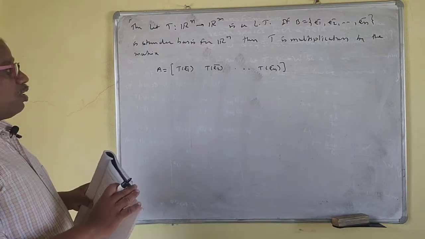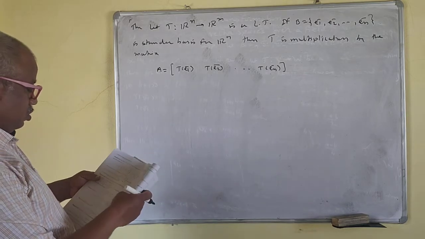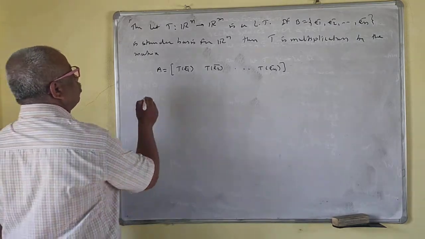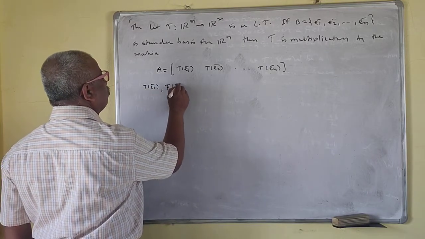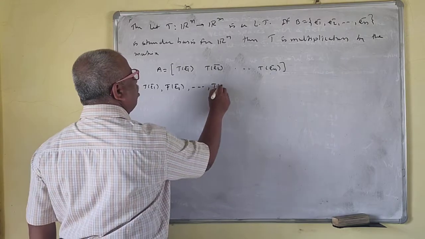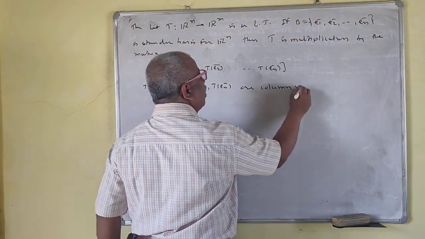So that means these are the column vectors of A. T of e1 bar, T of e2 bar, dot dot dot, T of en bar are the column vectors.